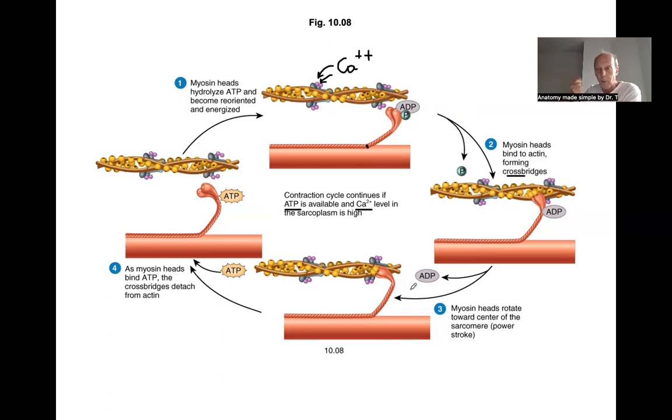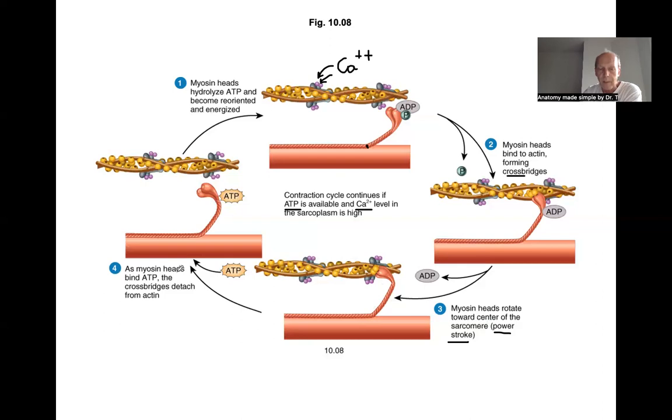So the pull moment is actually, in sliding filament theory, described as the power stroke. Myosin heads rotate towards the center of a sarcomere, producing movement which occurs between thick and thin filaments, and that is the power stroke.